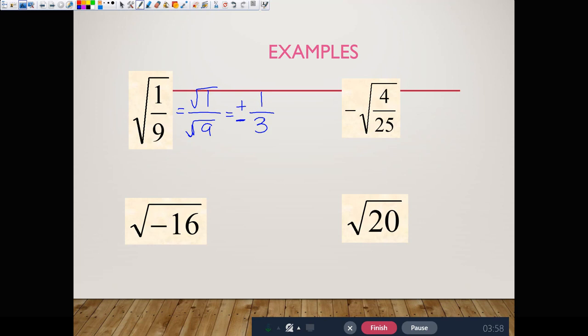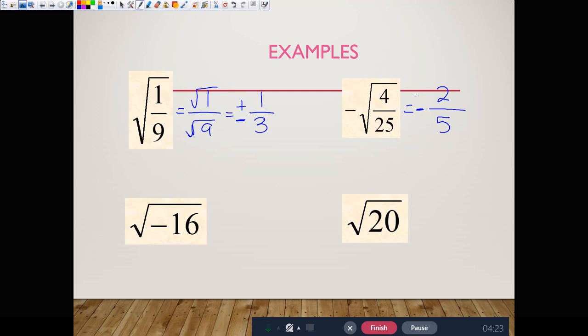Unless it's negative out front. Okay, you should make sure you're writing this down on your notes. Okay, how about 4? What's the square root of 4? 2. Square root of 25? And it's negative because there's a negative out front. So it's the same. You just break it apart. You do them separately. Okay?